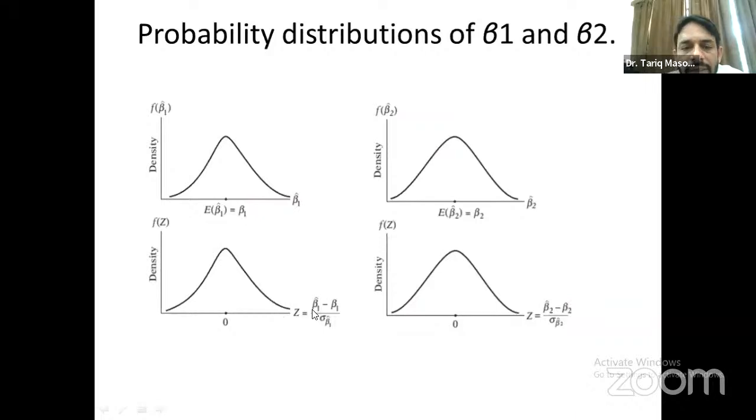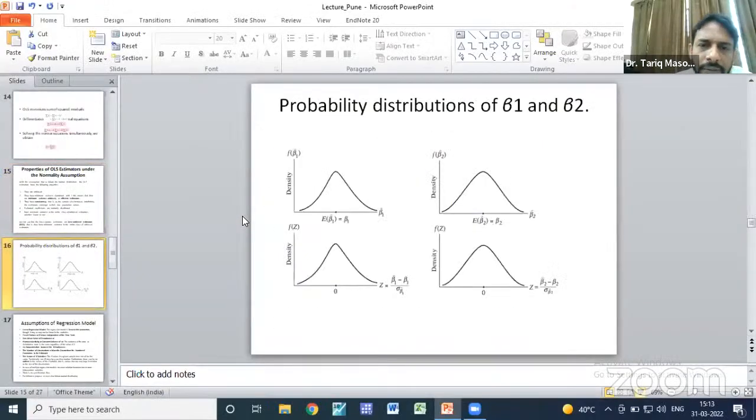Standardization means that we take beta 1 cap minus beta 1, divided by the standard deviation of beta 1 cap. This is a standardized value. Even in mean difference testing, we do all these things. So the original beta 1 cap itself is normally distributed, and the expectation of beta 1 cap is equal to beta 1. That means when we take the average of all the betas, it is equal to the true population parameter.